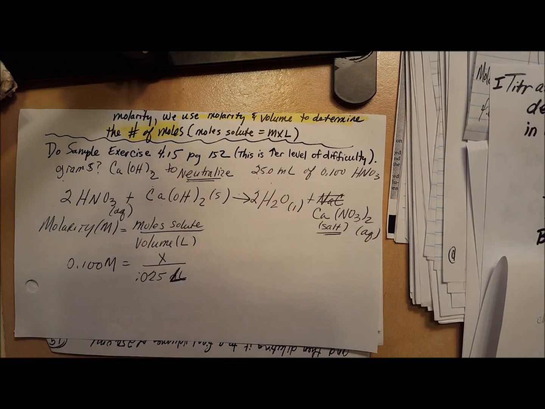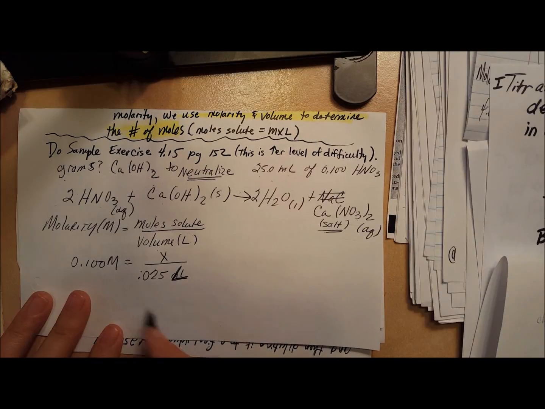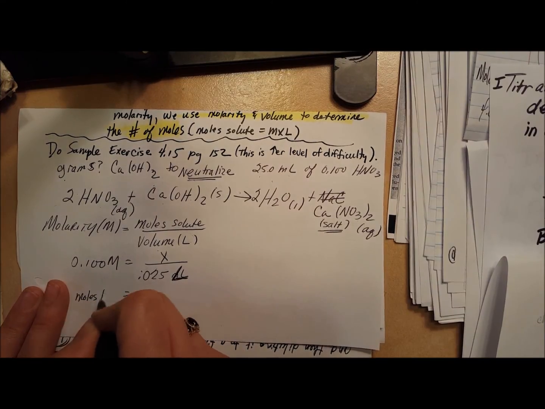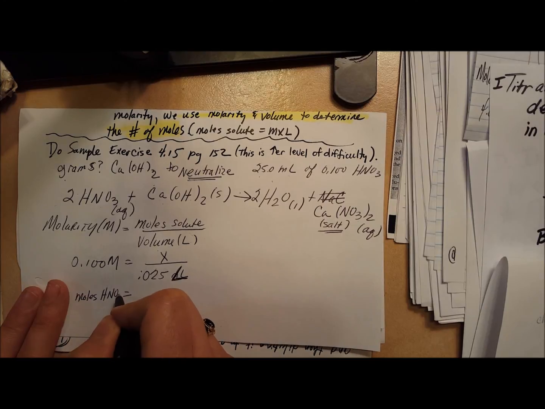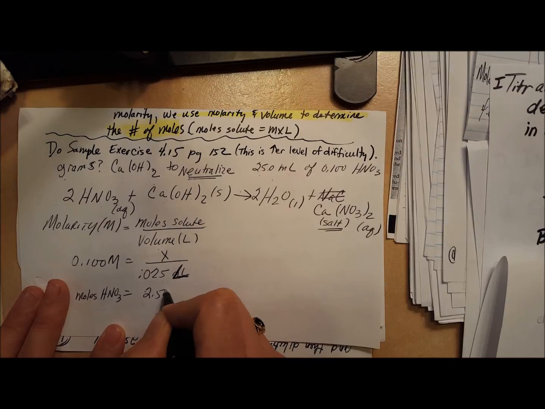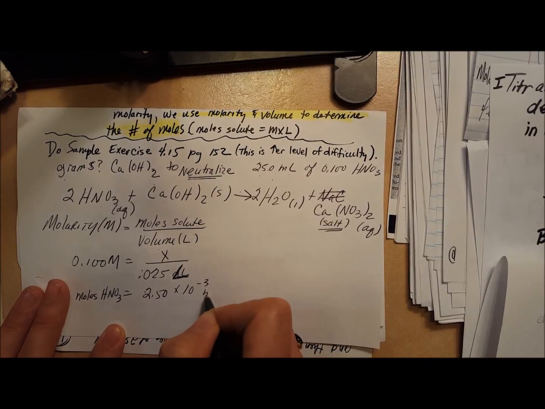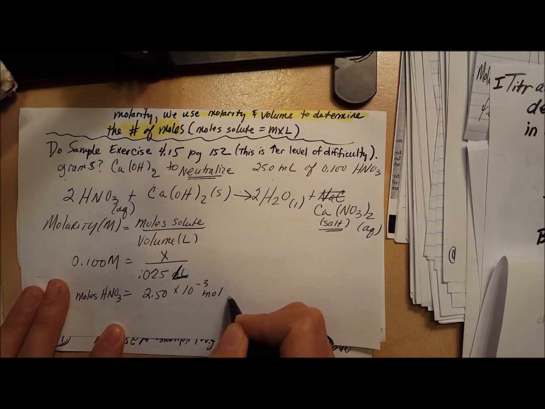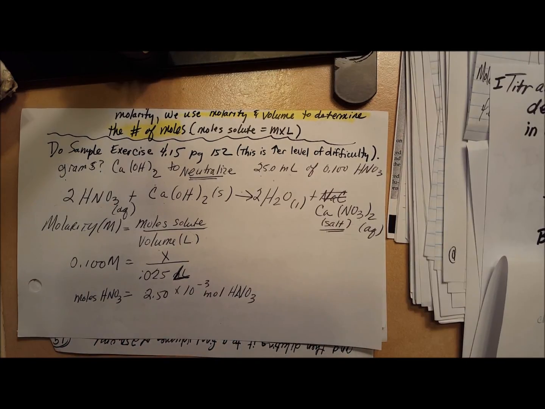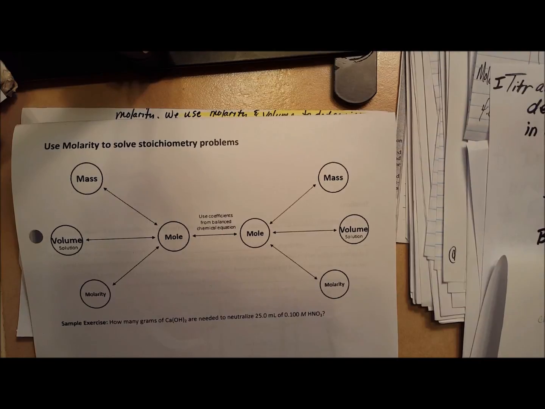So when we do the math, we end up getting the moles of HNO3 is 2.50 times 10 to the negative 3 moles HNO3.